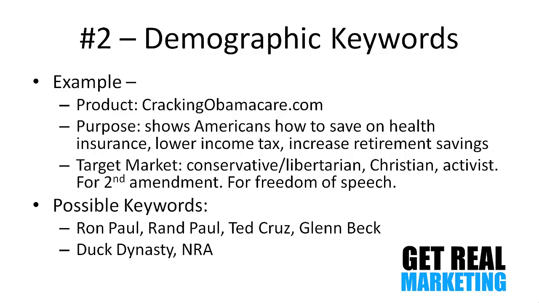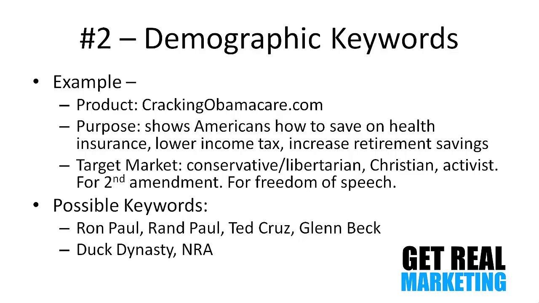Our target market is typically conservative or libertarian groups, Christians, maybe somebody that's an activist, somebody that's for the Second Amendment, for freedom of speech, for freedom, basically. So some keywords that we might target are people's names like Ron Paul or Rand Paul or Ted Cruz or Glenn Beck, who's a radio show host.